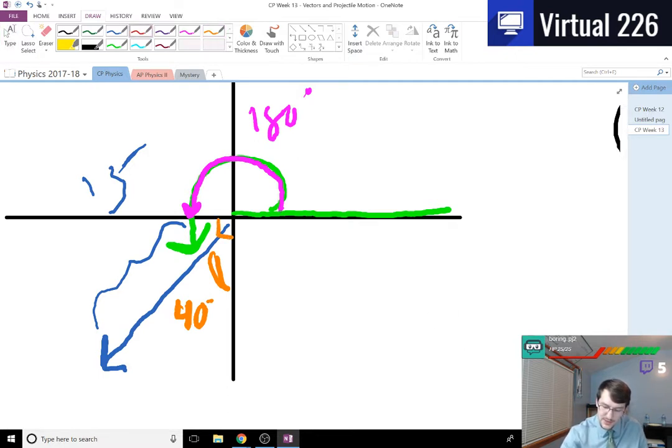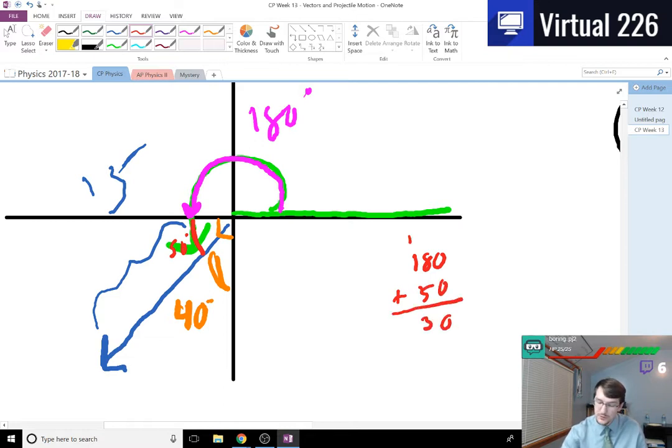So if this is 40 here, this little extra right here has to be 50 degrees, because 50 plus 40 is 90. So I can say 180 plus the extra 50 gives me 230 degrees.